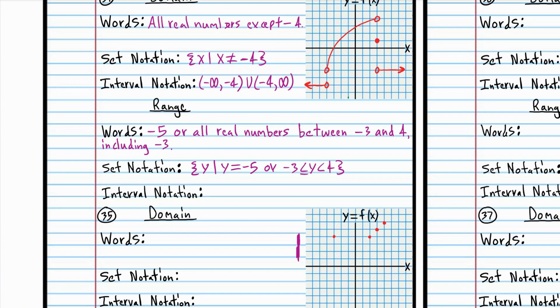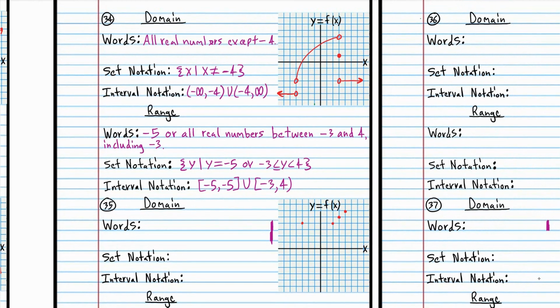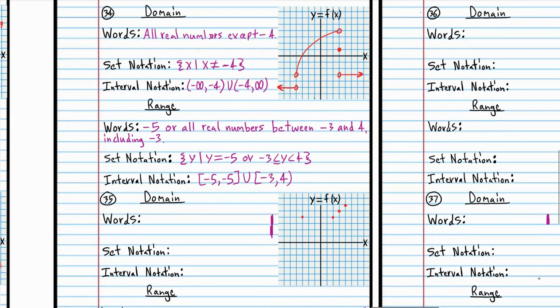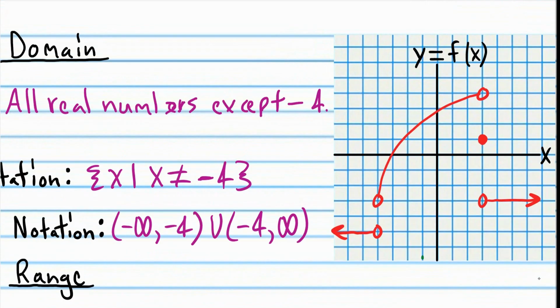In interval notation, we say we have brackets -5, comma -5, union symbol, bracket -3, comma 4, and then a parenthesis. So again, that's kind of a challenge problem there. And sorry about these. I don't know, my computer's having trouble with that.